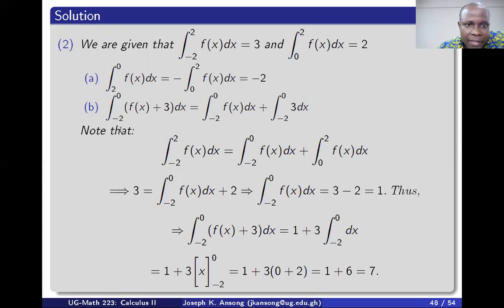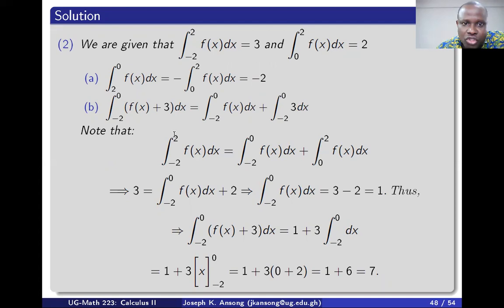This one says that we need to compute the integral from negative 2 to 0 of f of x plus 3 dx. Of course, we are just going to use the properties. We split this into two integrals. Now, we know negative 2 to 2 is given by this, so we're going to use it.